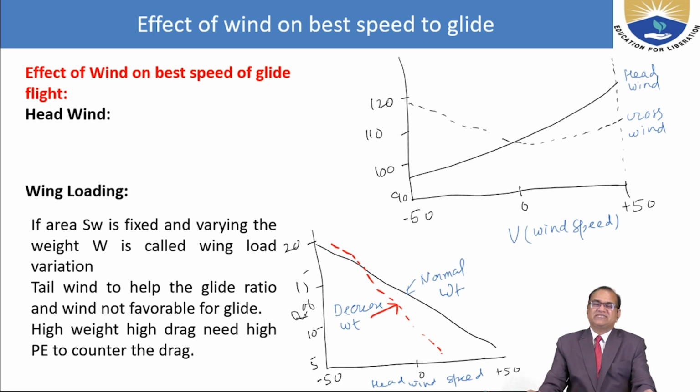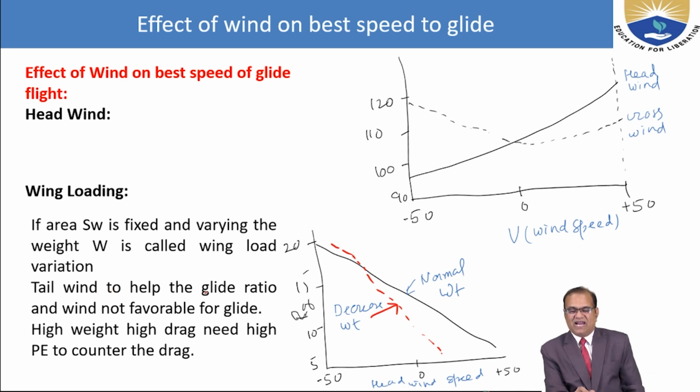Now I am going to discuss the glide ratio for wing loading and the effect of headwind and the tailwind. If area SW is fixed and the weight W is varied, it is called the wing loading variation.